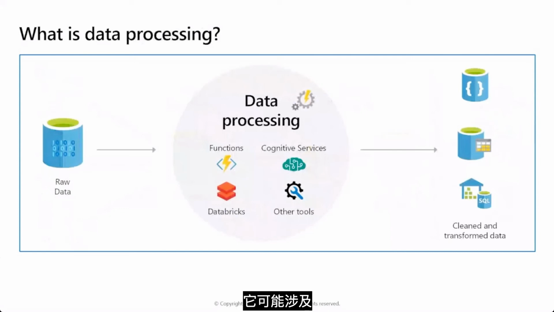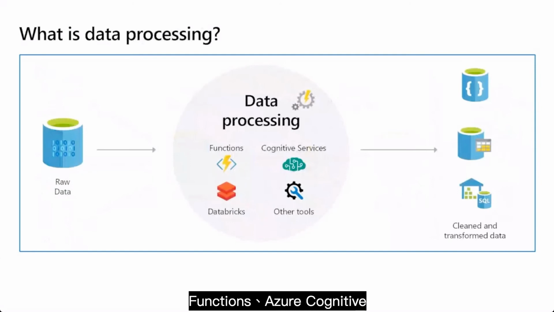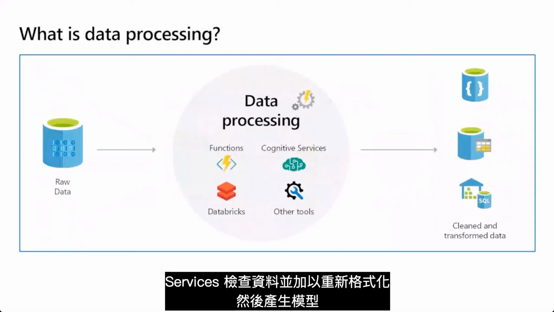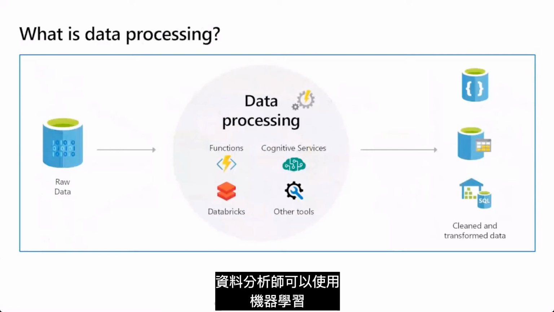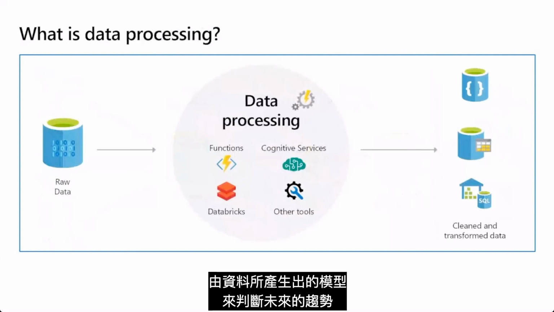It might involve automating a lot of scripts. You might have to use tools like Azure Databricks, Azure Functions, and Azure Cognitive Services to examine and reformat the data and generate those models. A data analyst could then use machine learning to help determine future trends based on the models that have been created from the data.